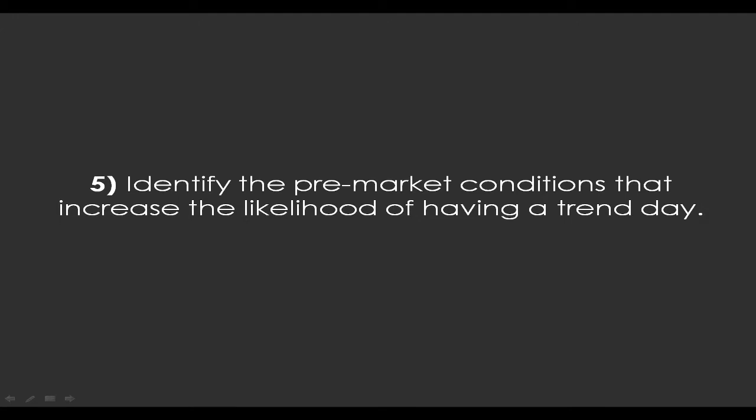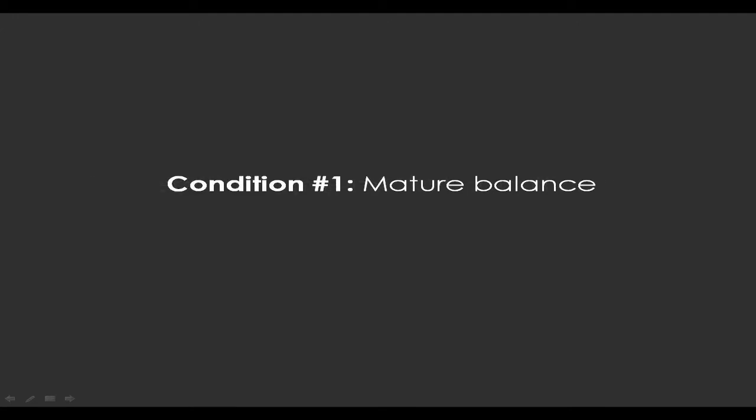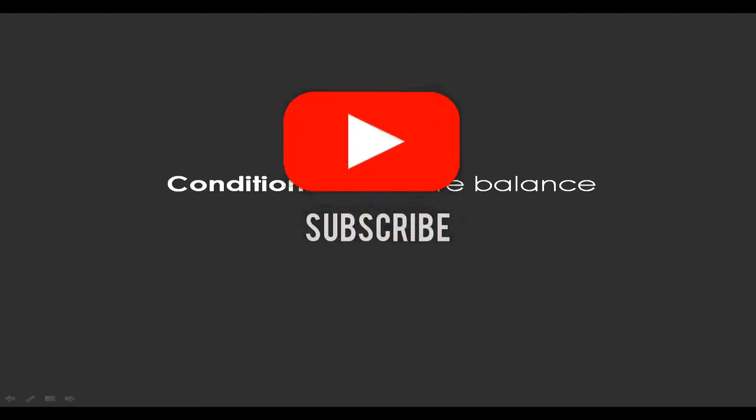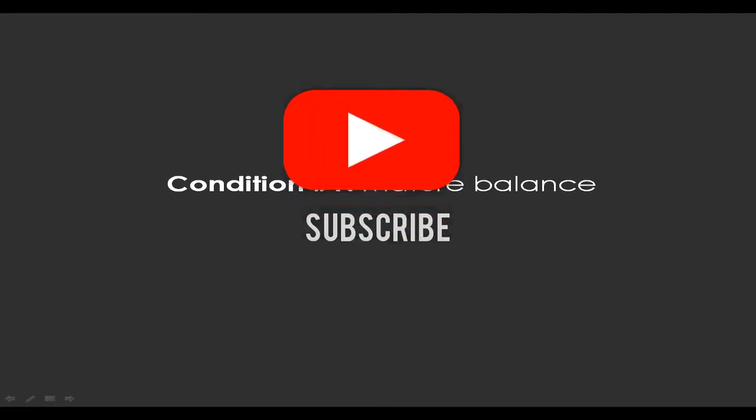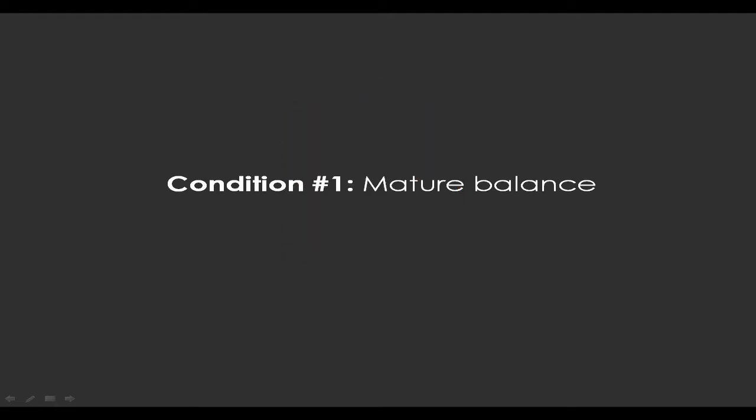Condition number 1 is simply that we have a mature balance. This is probably the most powerful factor in giving us trend days. When we have a mature balance and we break out of it, those often turn into trend days. Those breakouts usually give us nice trending moves on the particular day of the breakout.